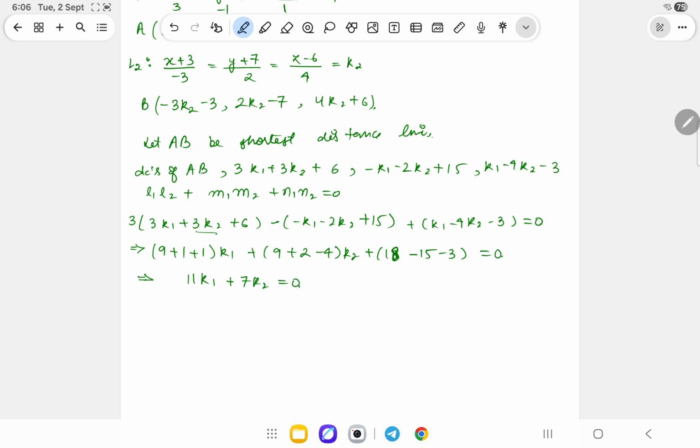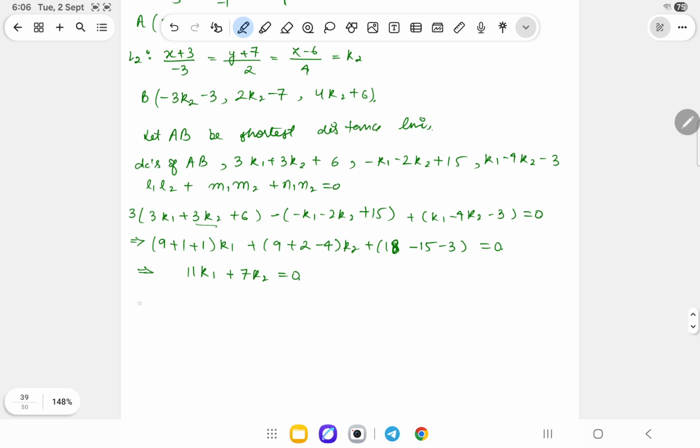Likewise, AB is perpendicular to line L2 as well. So from there I'll be getting minus 3 into (3k1 plus 3k2 plus 6), plus 2 into (minus k1 minus 2k2 plus 15), plus 4 into (k1 minus 4k2 minus 3) equals 0.